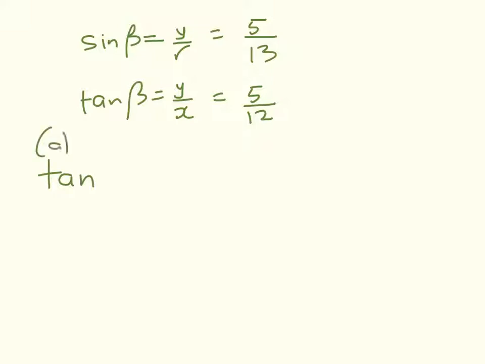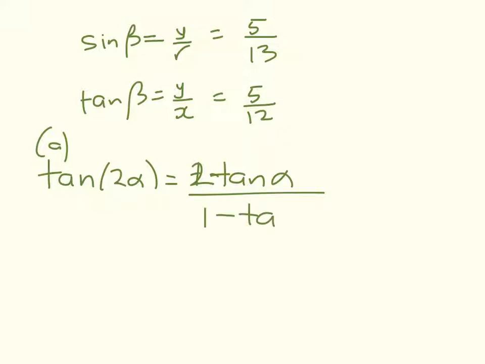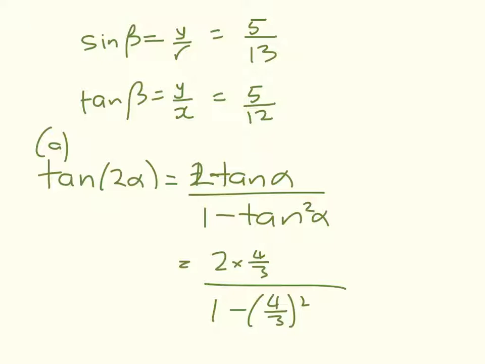So part A, tan of 2 alpha is equal to 2 tan alpha over 1 minus tan squared alpha. So nothing hard about that one. Tan of alpha, so that's 2 times 4/3 over 1 minus 4/3 squared.